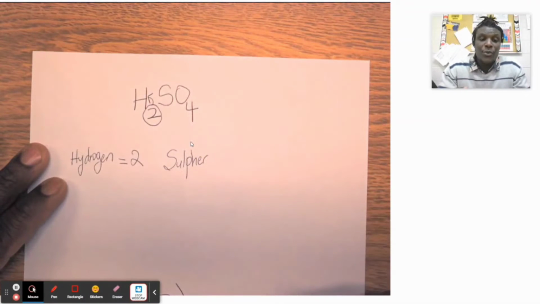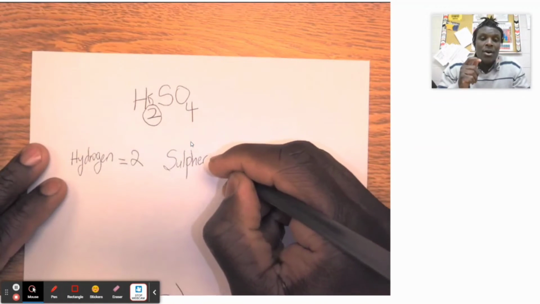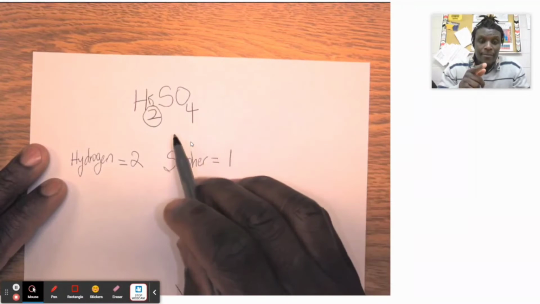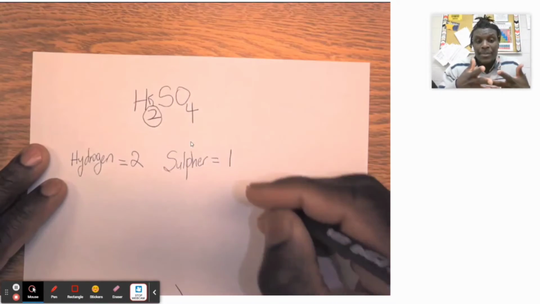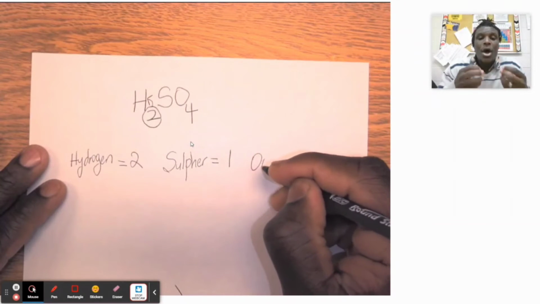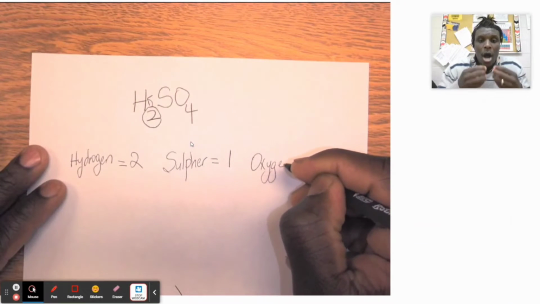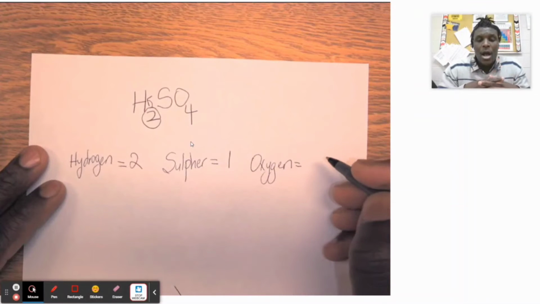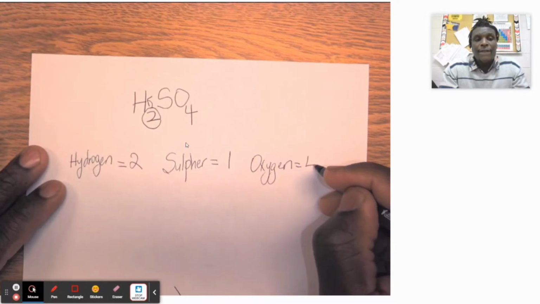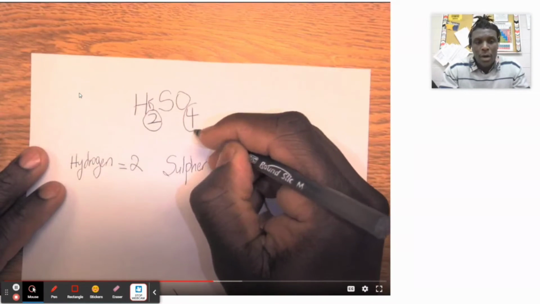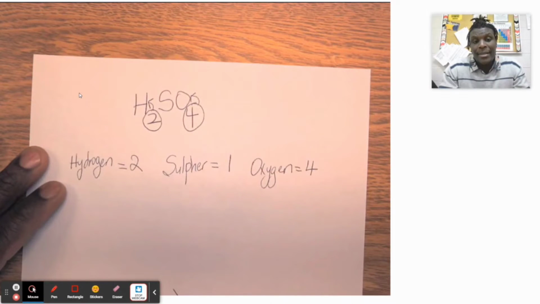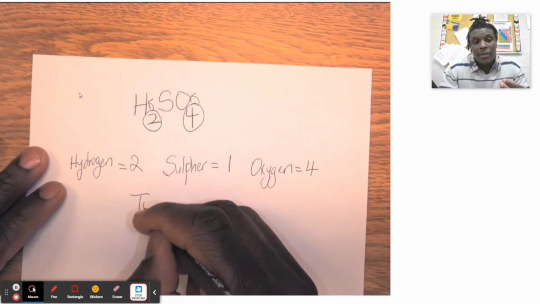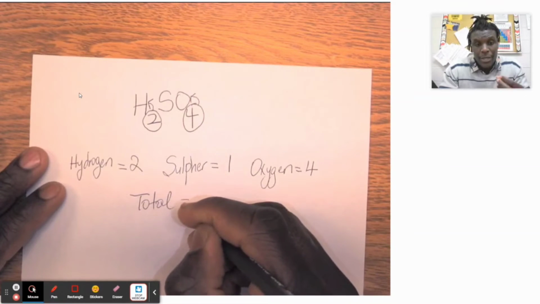And how many sulfur do we have? We have 1 sulfur. Good. Now, what did we say O represents again? O represents oxygen. And oxygen, how much do we have? Oxygen is 4. We have 4 oxygen.